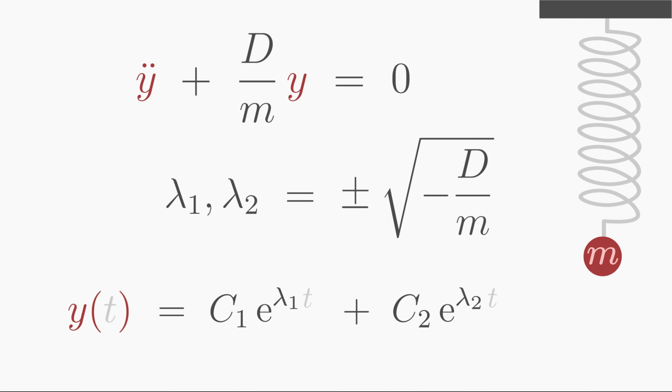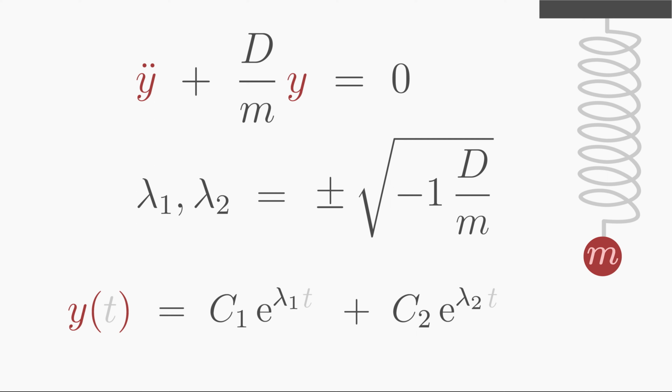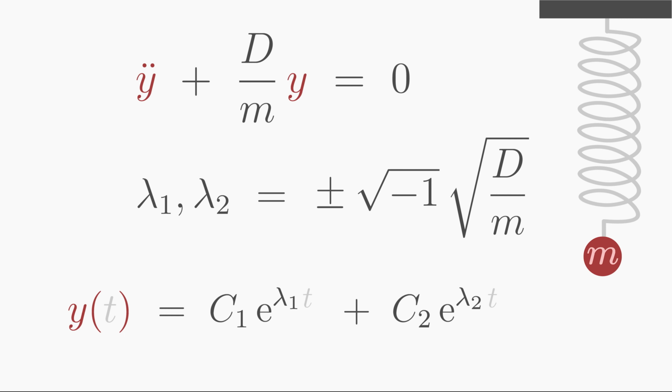Even if you don't know imaginary or complex numbers yet, you can split the term inside the square root into a product of -1 and d over m. According to the square root laws, you can split this product into two square roots. The square root of -1 is defined as the imaginary unit, a number which we denote by the letter i.